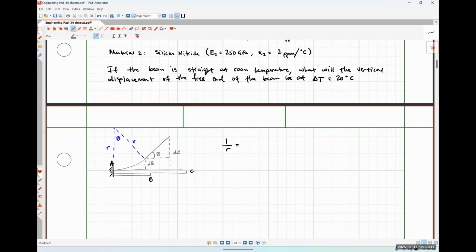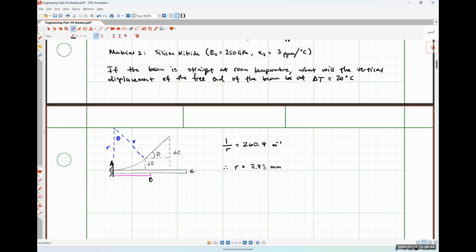But based on that particular equation, we would wind up finding that 1 over the radius of curvature comes out to be 260.9 inverse meters. And from this, we would find that our radius of curvature is just 3.83 millimeters.